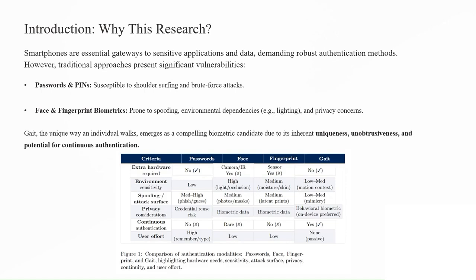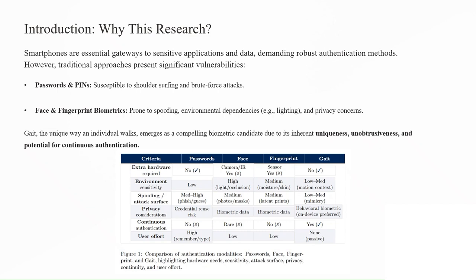Smartphones today are the primary gateways to highly sensitive data and services. Protecting user access is a fundamental security requirement. Conventional methods like passwords and pins are vulnerable to social engineering, brute force, and shoulder surfing.